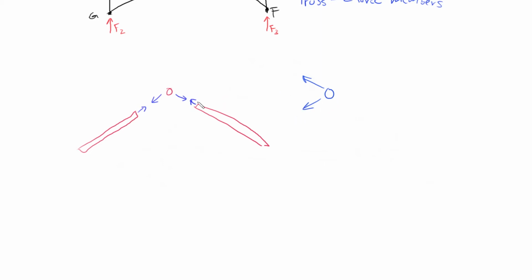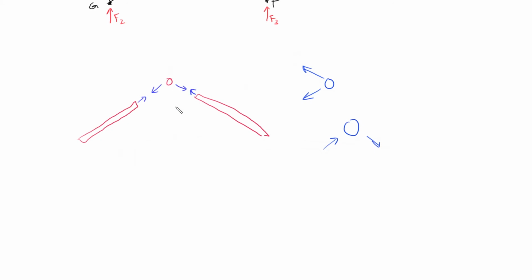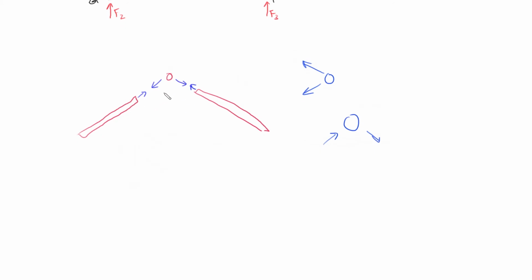Or maybe you say this is actually in compression. So you say this is going that way, and you keep this force going that way. So the resultant force would actually point in this direction. No matter how you define the reaction forces, if there's no applied force, this joint right here will actually not be in equilibrium. So for it to be in equilibrium, that would cause these members to be 0 force members.